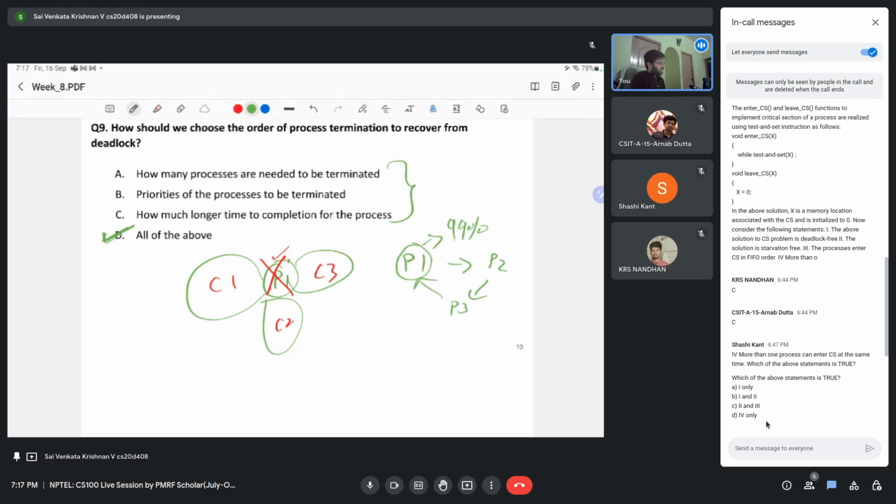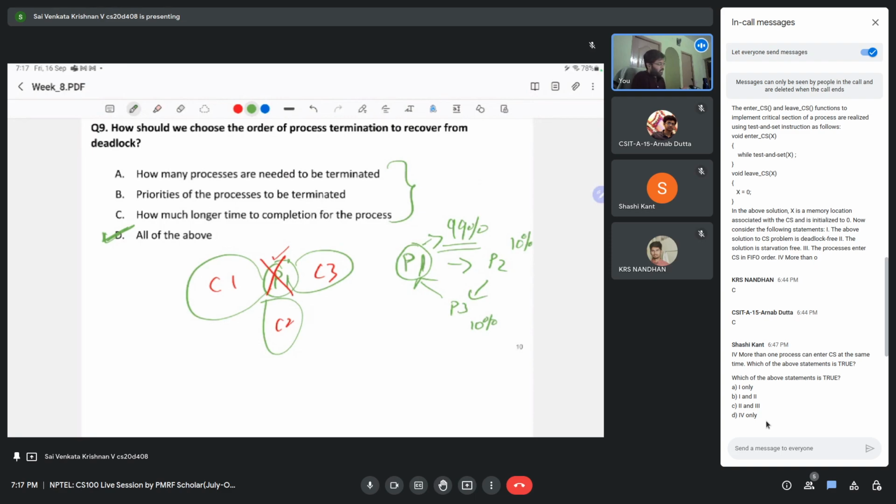So in that case it doesn't make sense to terminate P1 and later schedule P1 and start executing it from the beginning, because 99% is over, and for the remaining process P2, just assume 10% execution is over, so the remaining 90% is still there. So in that case terminating either of P2 and P3 makes sense, because you don't have to waste CPU cycles in the future for executing P1 again from the starting.